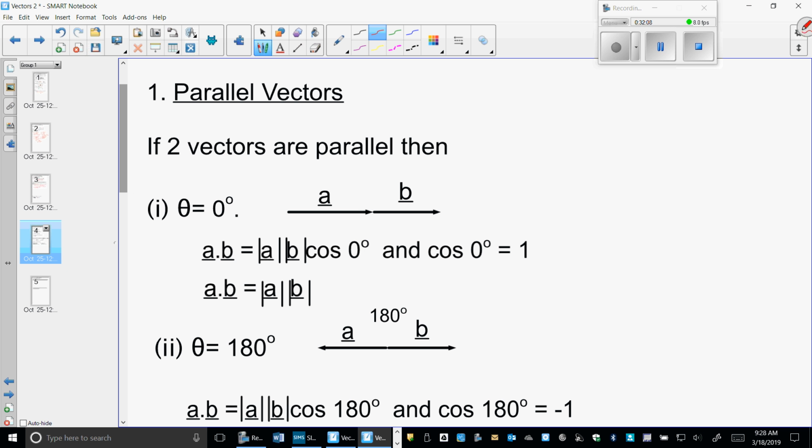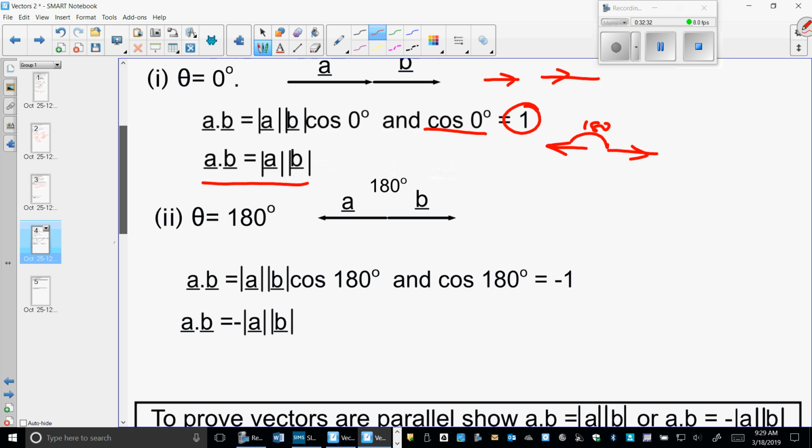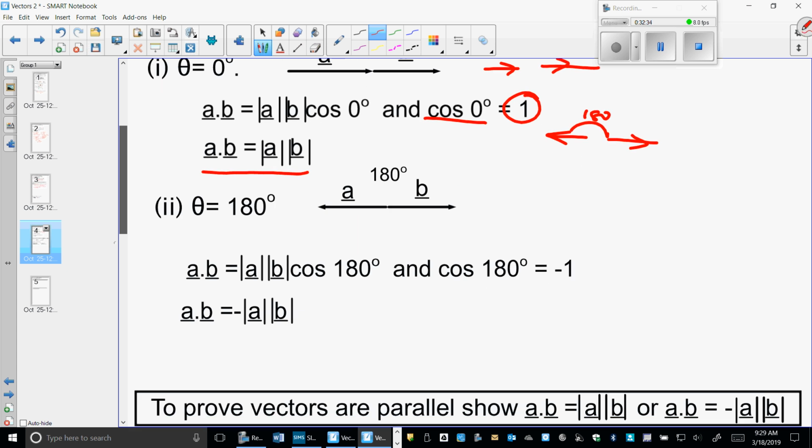If they're going in the same direction, that angle is 0, or they're going in opposite directions, in which case that angle is 180.